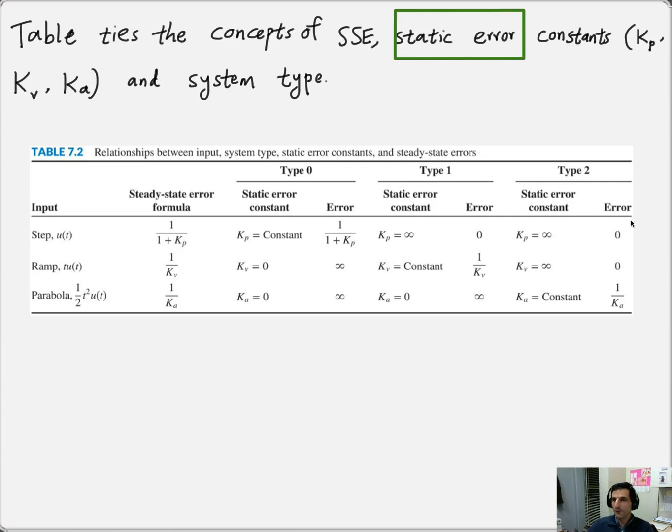But if you go any higher than type 2, your Ka is actually going to be infinity, and your error is going to be 0. But that's not really something that you see. If you go type 3, for all of these, your static error constants are going to be infinity, and your errors are actually going to be 0.